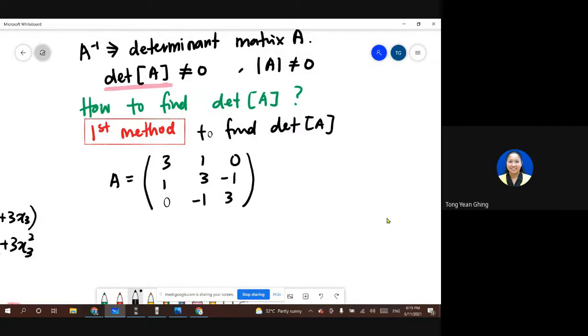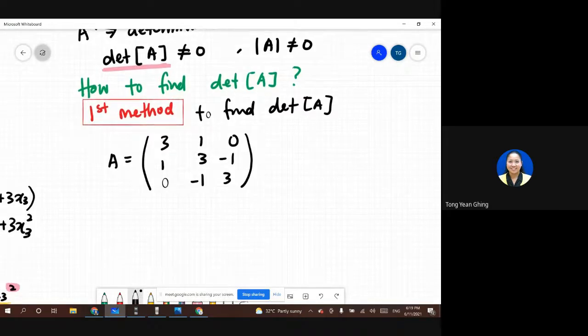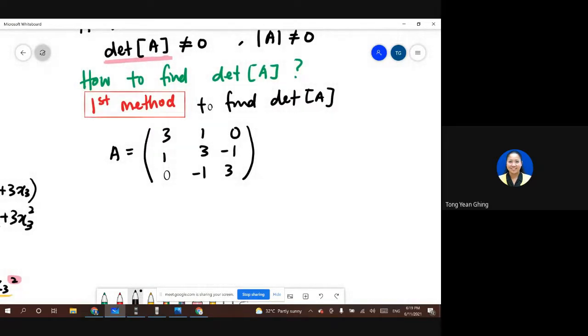Just to make sure that I'm recording. Okay, remember, maybe in your form 5 or form 6, in the secondary school that you learned before, when we want to find the determinant of a 3 times 3 matrix, we have to do it like this.